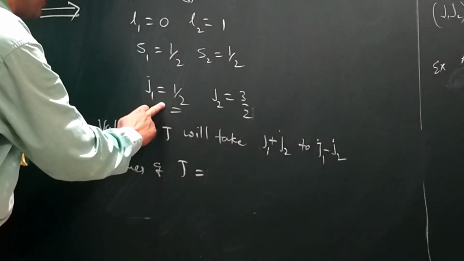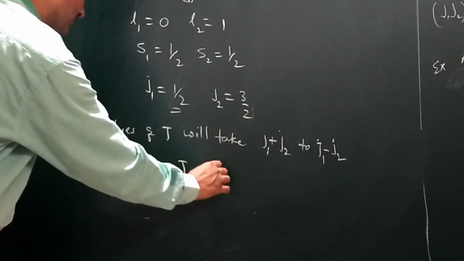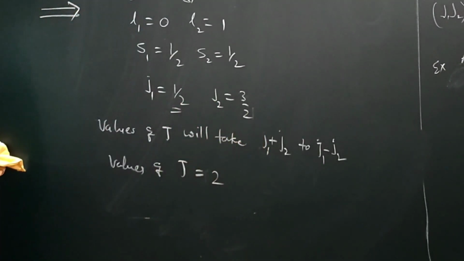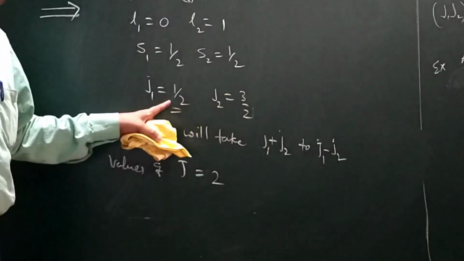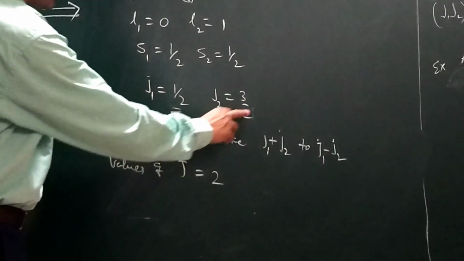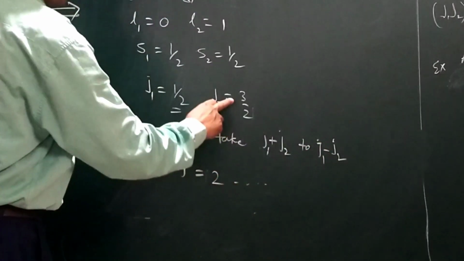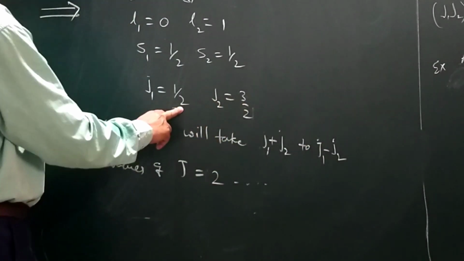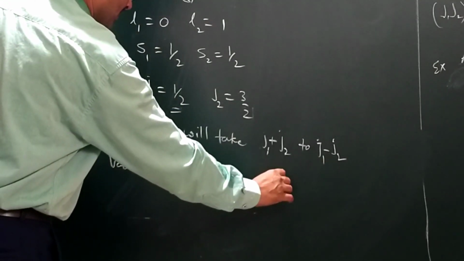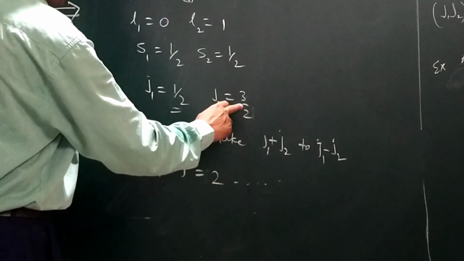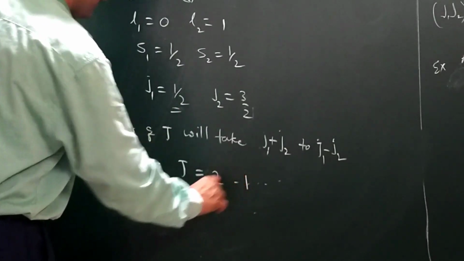What is the value of J1? J1 value is 3 by 2 and the other is half. So we get the value 3 by 2 plus half, that is 2, and another value up to 3 by 2 minus half, that is 1.